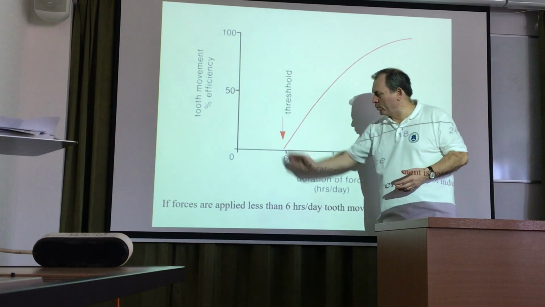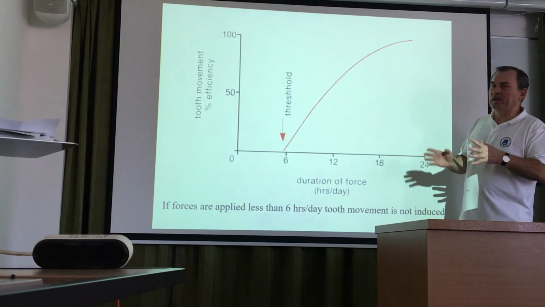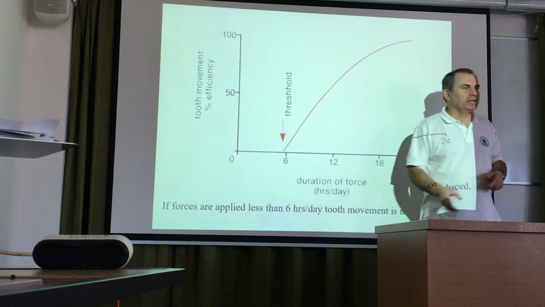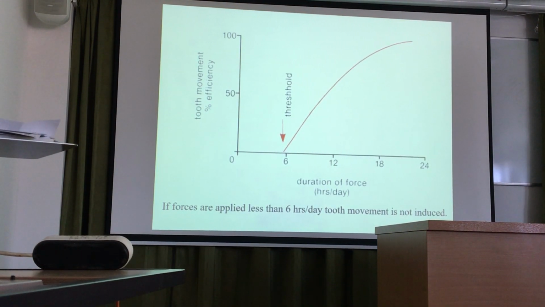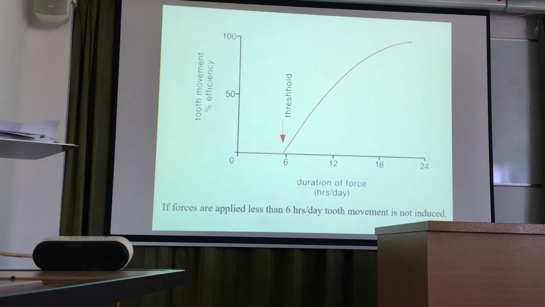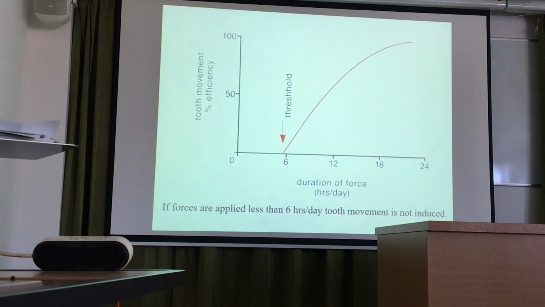So we have an application time, acting time threshold, and this is 6 hours per day for the orthodontic removable appliances. Removable, okay, because when you place a fixed appliance, it is inside continuously all day.